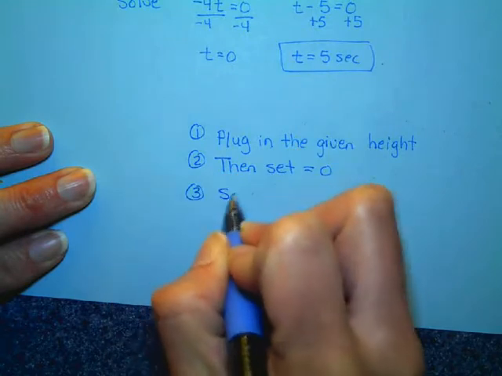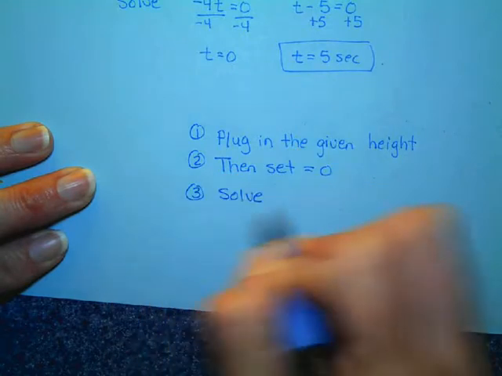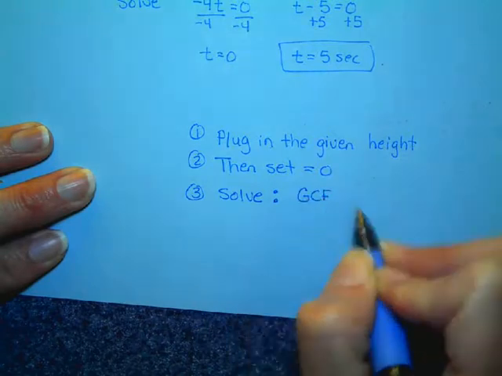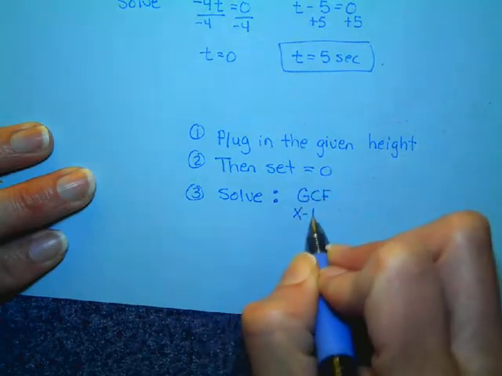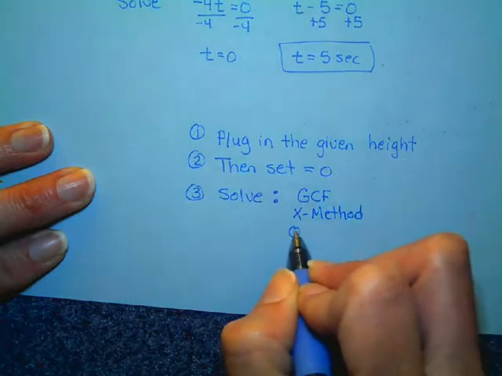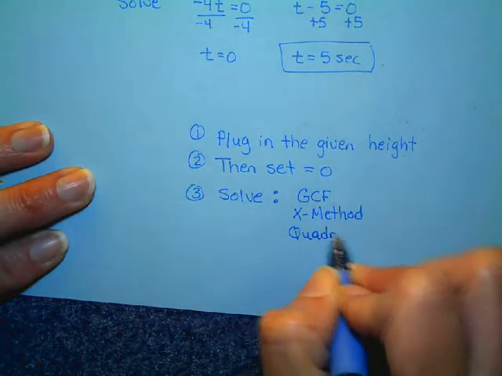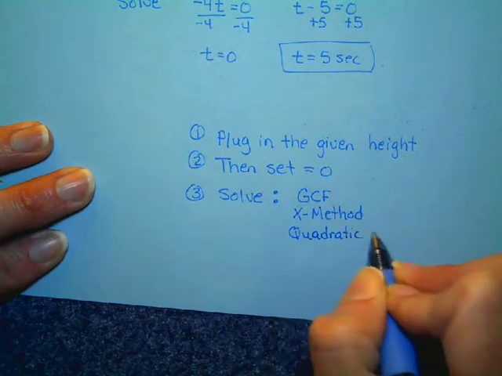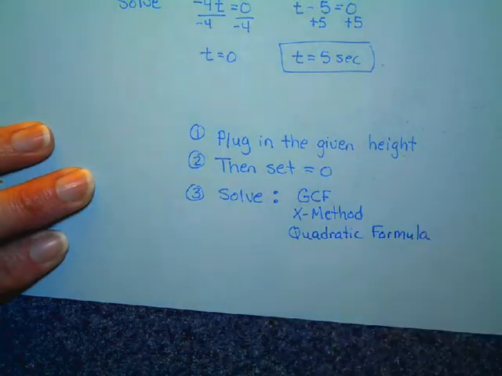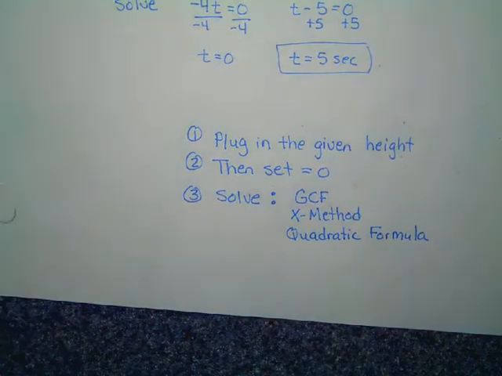And these are your choices. If they're already set equal to 0, you can do GCF. You can do the X method. Or you can use the quadratic formula. We're practicing those ways we have learned to solve and applying them to the projectile motion formula, because that's a lot of times what we use with quadratics.